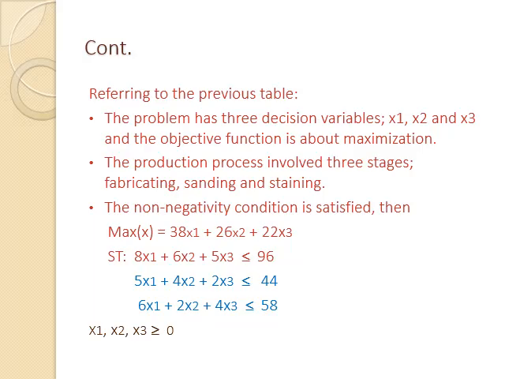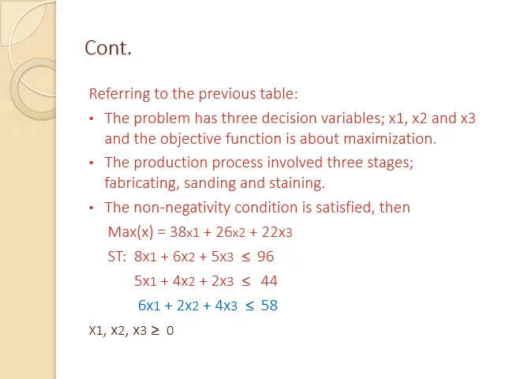The second constraint is for sanding, where 5x1 plus 4x2 plus 2x3 must be less or equal 44 hours.